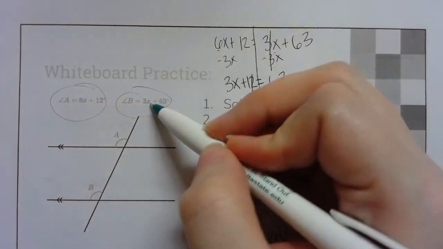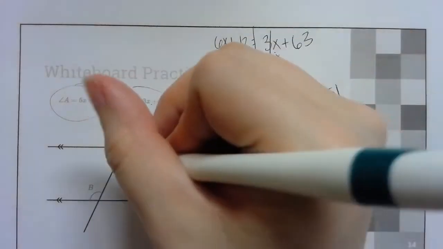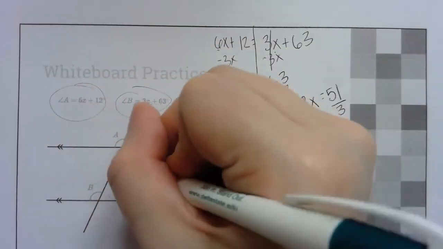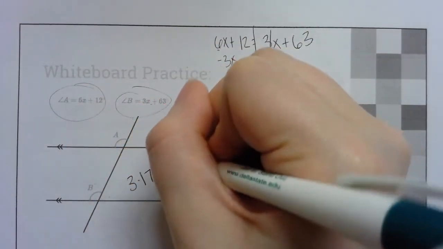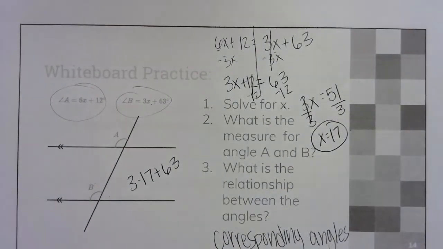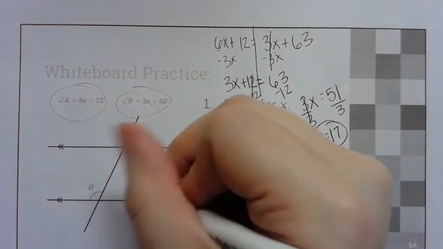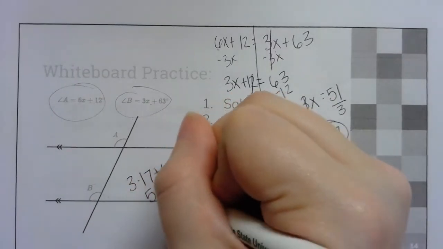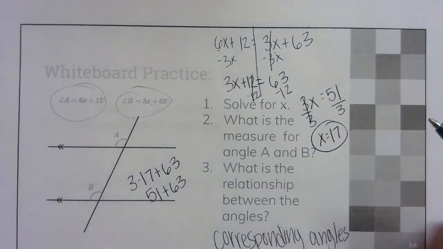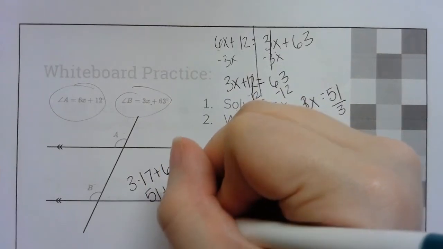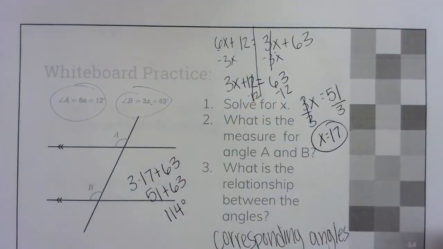So I'm going to take this one. So 3 times 17 plus 63. So 3 times 17 gives me 51, what I just did over here, plus 63 should give me 114 degrees.